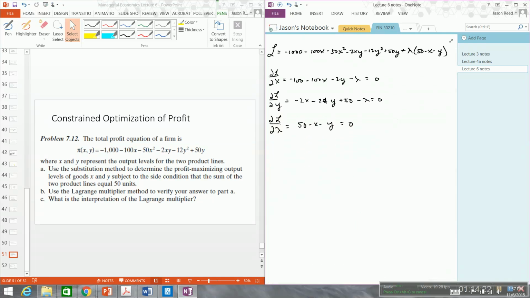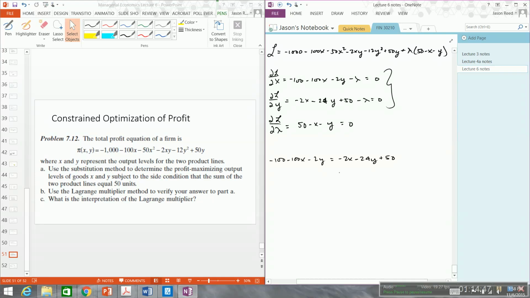Right away, since these are all set to 0, we could eliminate lambda because there are no values in front of lambda. So we can have negative 100 minus 100x minus 2y is equal to negative 2x minus 24y plus 50. So let's start simplifying here.